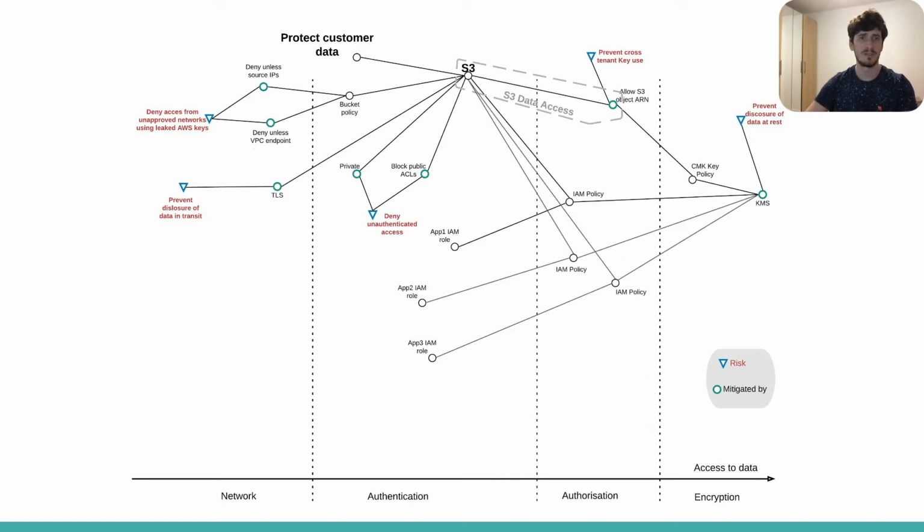Obviously, once again, it's not just about S3 or admins, it's about applications, because that's the important thing. Without applications being able to get to data, all of this wouldn't be very useful. So apps have IAM roles that they assume, with policies that give them access to S3 and also to KMS. And here you can play a bit.